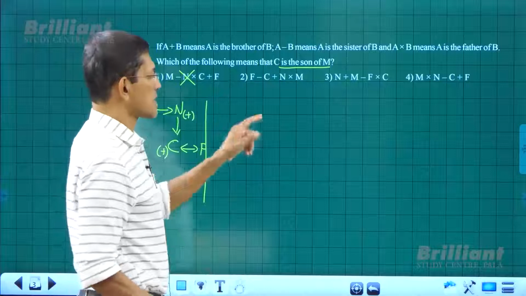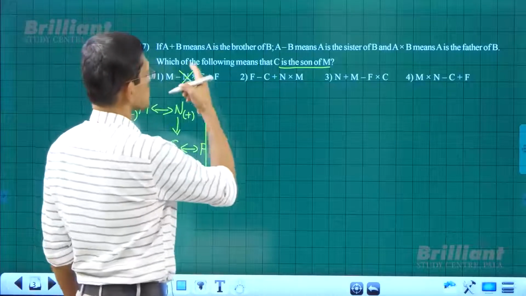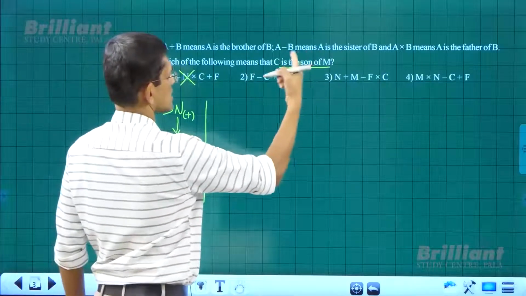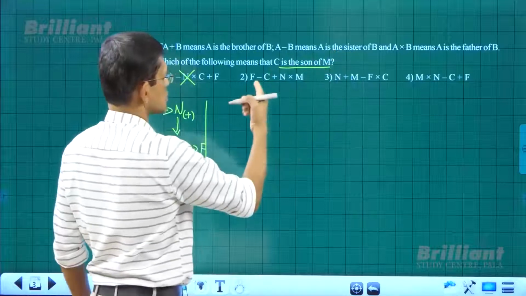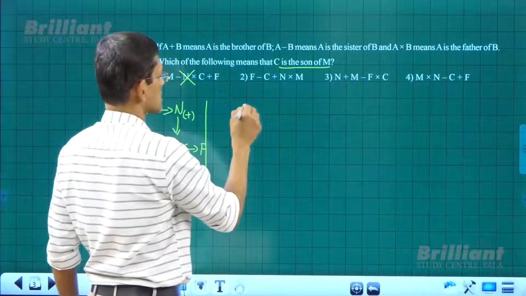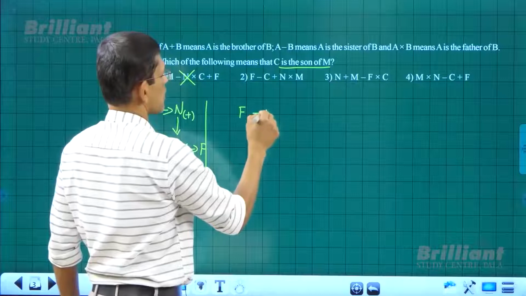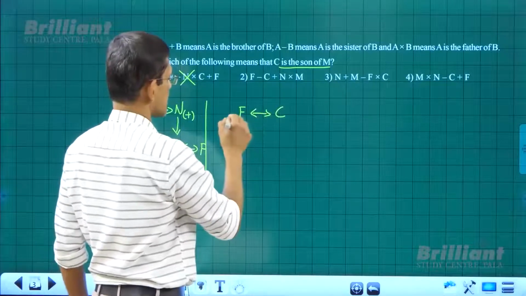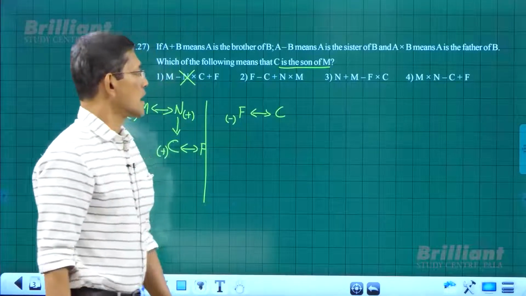Second one, F minus C. F minus C, what is that? Minus means A is the sister of B, that is A minus B. So F minus C means F is the sister of C. And what is the second part?